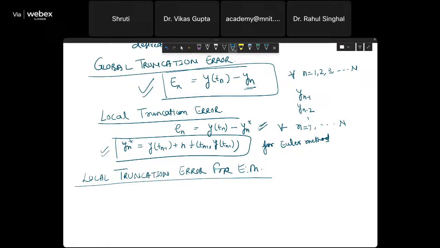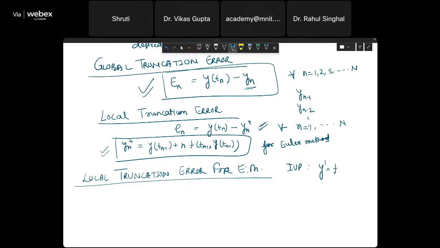In short I'm writing it as EM. If the test problem is not required, let's take just a general form, and with that also we can discuss it. So let's take the initial value problem form which we considered yesterday.